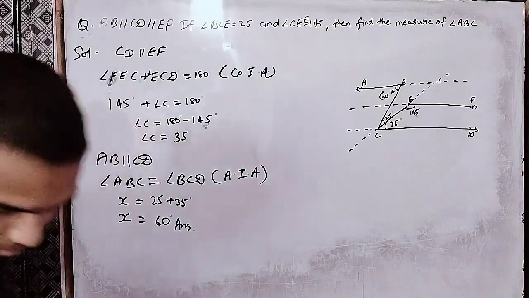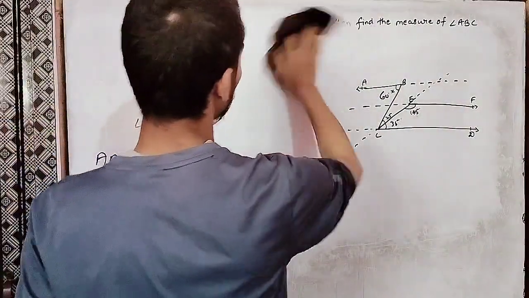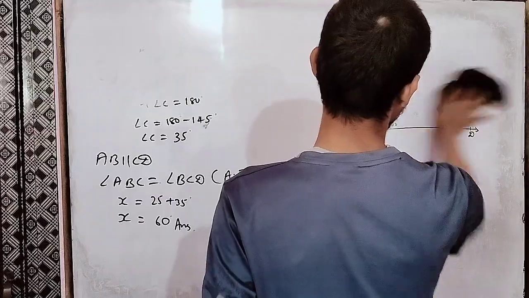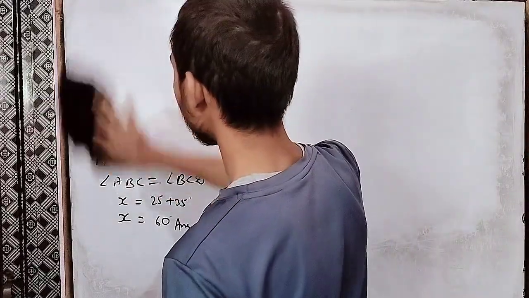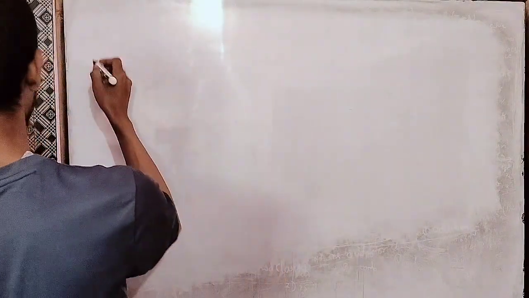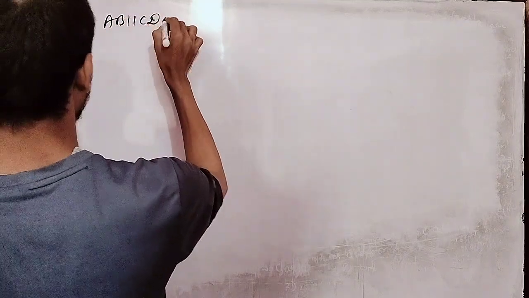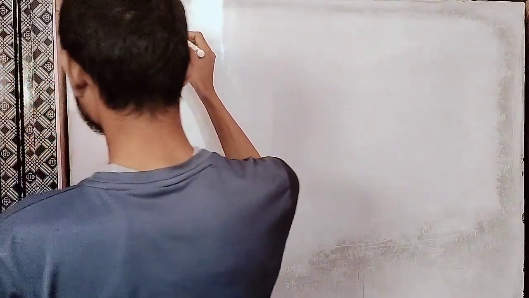Next question. Already we have the figure. First of all, AB is parallel to CD.